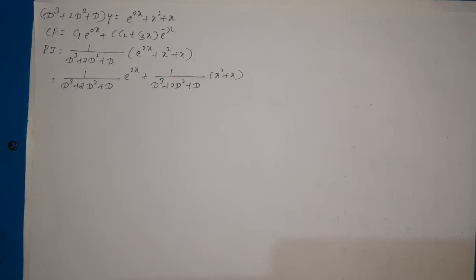The next example is d cube plus 2d square plus d into y is equal to e power 2x plus x square plus x. So here RHS is the sum of 3 functions, but among those 3 x square and x are the same functions, means both of them are of the form x power m only.